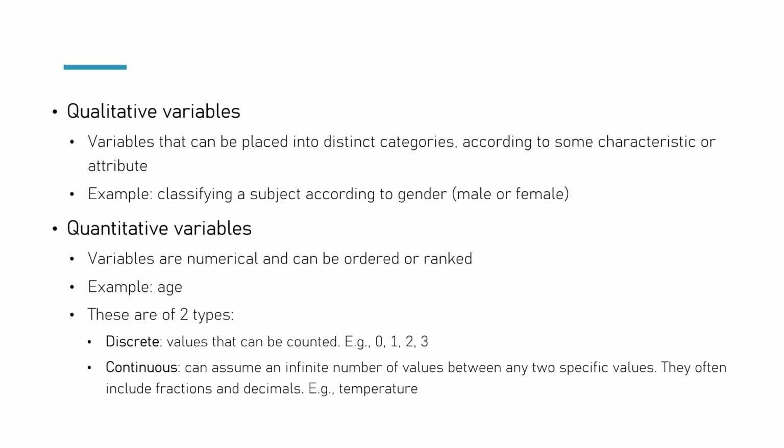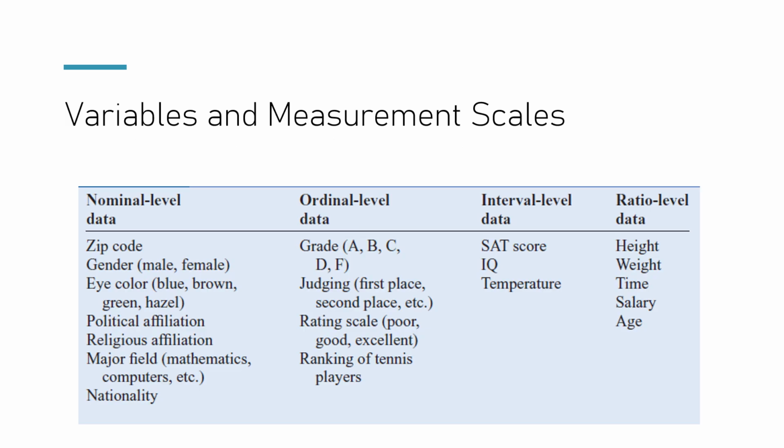So depending on how you treat each variable, it can take a form of qualitative nature or a quantitative nature. Now, quantitative variables are numerical and can be ordered or ranked as we have discussed. So for example, if we take an example of age, there are two types, discrete or continuous. Values that can be counted as 1, 2, 3, 4 are discrete, and value which has a specific fraction value or decimal value such as temperature are the continuous.